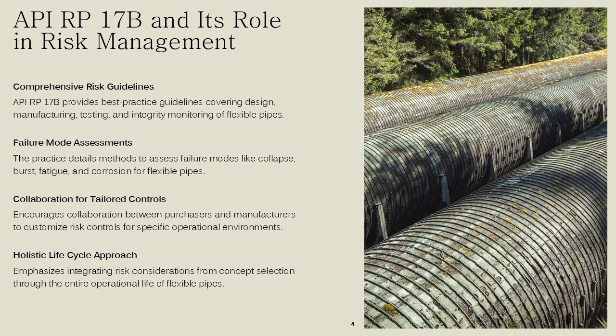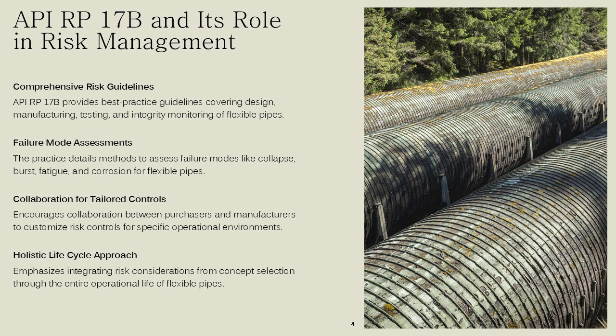It addresses critical aspects such as material qualification, prototype testing, and fatigue analysis, ensuring that design assumptions are validated under realistic conditions. API RP17B also outlines methodologies for assessing failure modes, including collapse, burst, fatigue, and corrosion, and prescribes monitoring techniques to detect early signs of degradation.